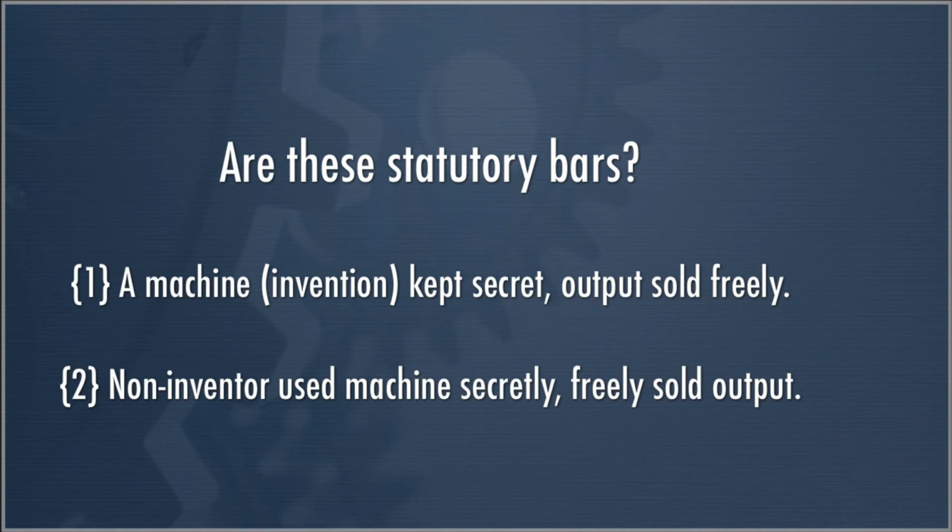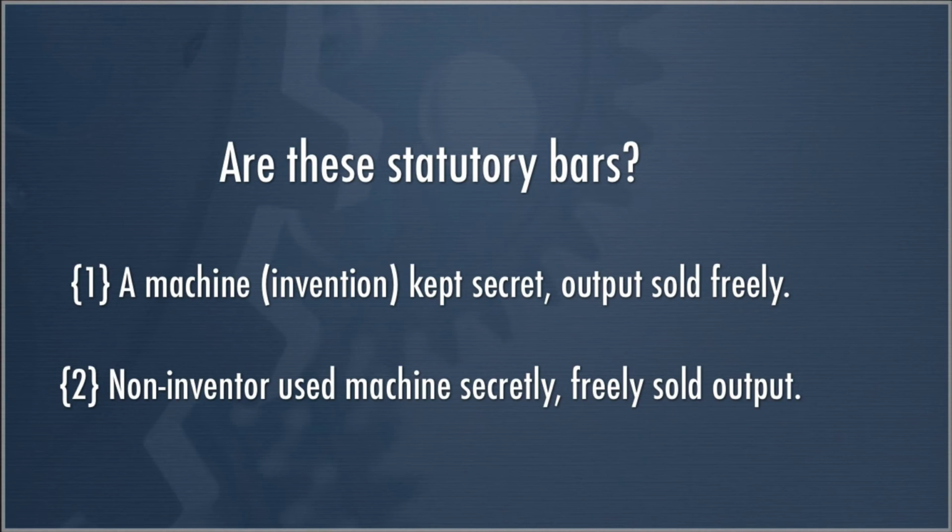So here's a machine kept secret, output sold freely. A non-inventor used a machine secretly and freely sold the output. Okay? The courts find that number one here is a statutory bar, even though the public cannot discern the invention. Right?